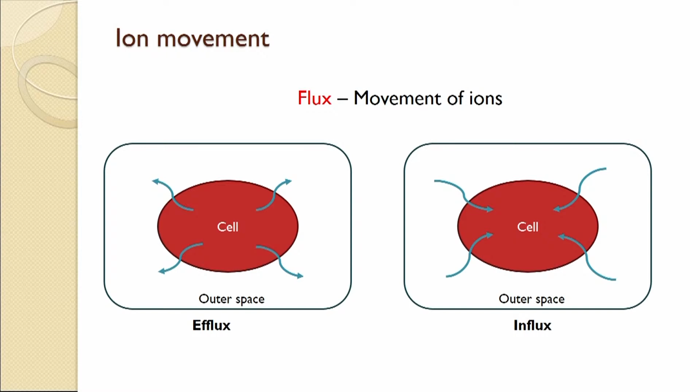If we consider a cell and the outside area as its outer space, when any material or ion or nutrient comes out of the cell to the outer space, it is called efflux. Whereas in the case of influx, when any material or ion enters a cell from the outer space, it is called influx.